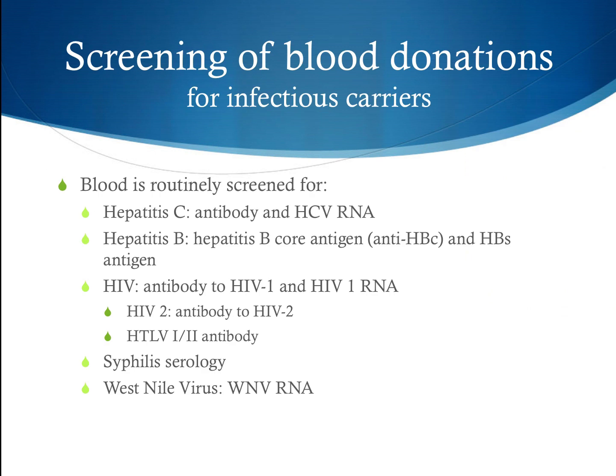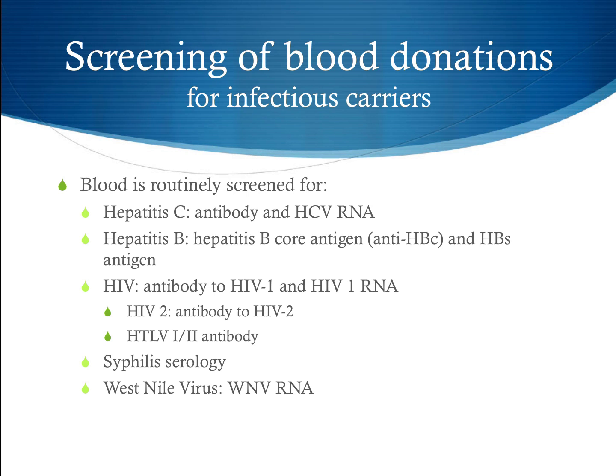So all blood donations get screened for infectious problems or carriers. Routine screening is for Hep C, Hep B, HIV, syphilis, and West Nile. Some of them are antibody only, some of them the RNA as well, just to detect earlier infections.